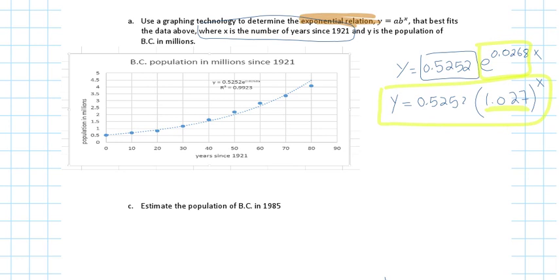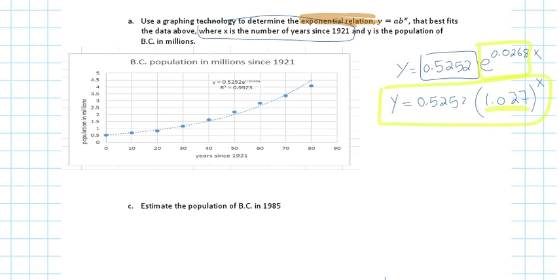Estimate the population in 1985. Would you switch out the year? Instead of it being 10 years from 1921, you have to find how many years from 1921 is 1985.